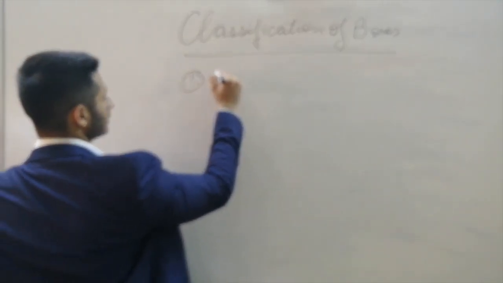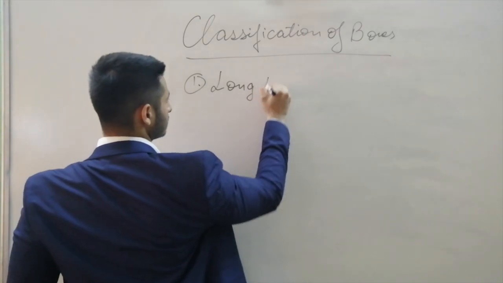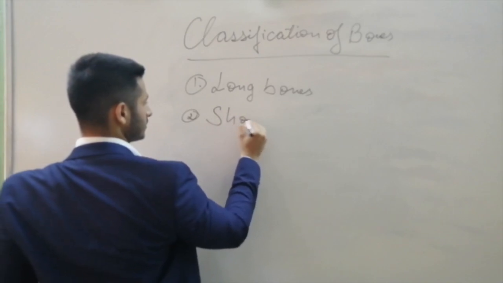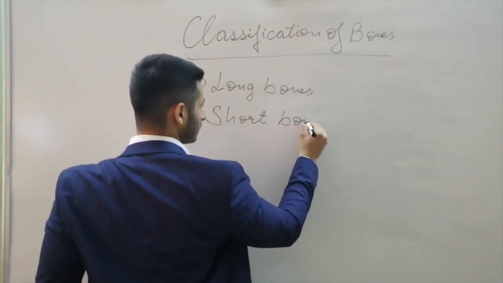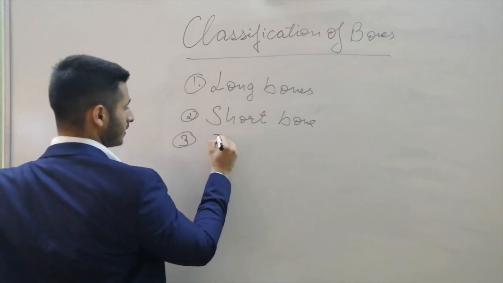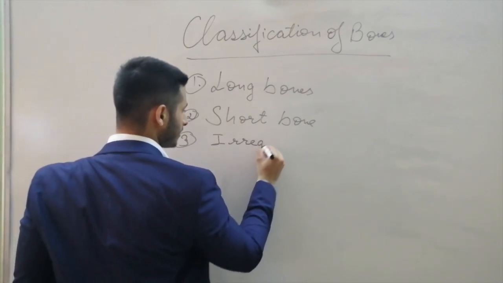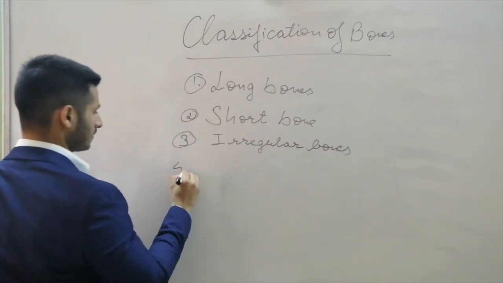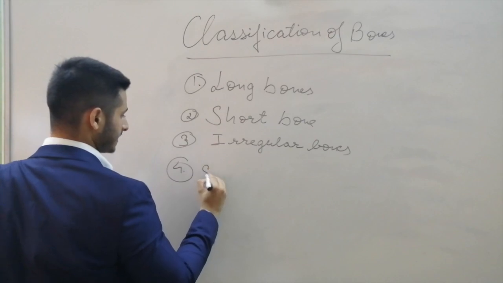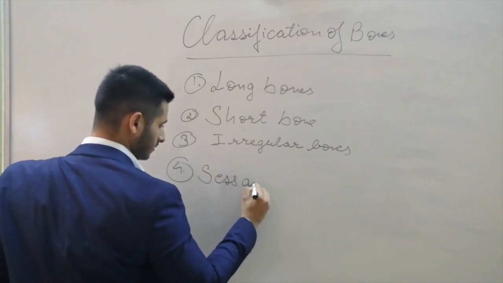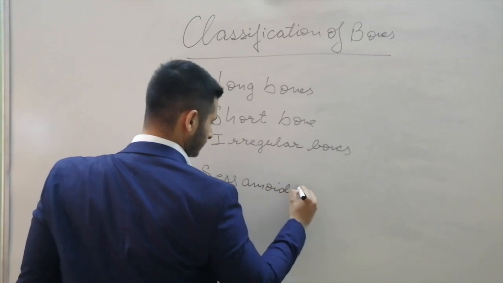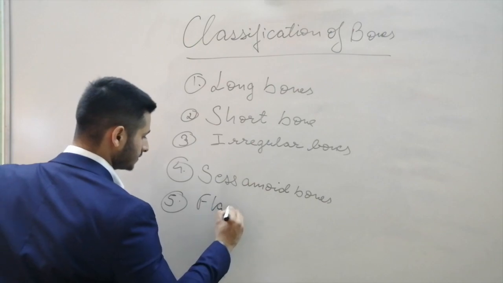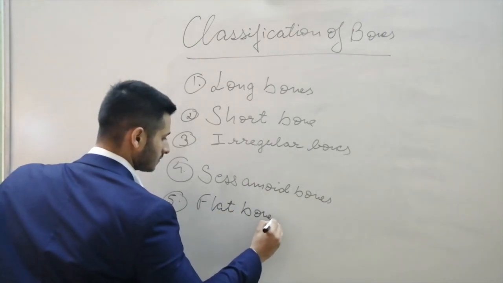We have long bones, short bones, irregular bones, sesamoid bones, and flat bones.